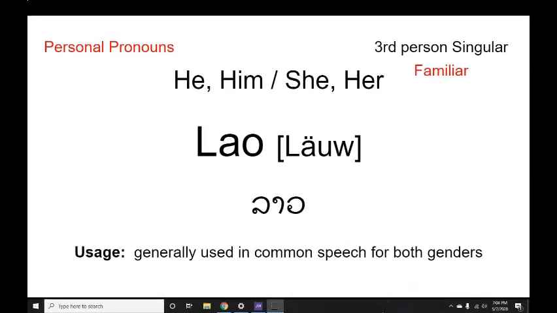Okay, now we have he, him, she, or her. And the word is Lao, just like the language name, Lao. Okay, so now this is a common way of referring to he or him, she or her. You'll also see this in the Bible.